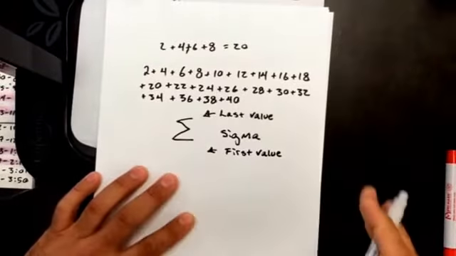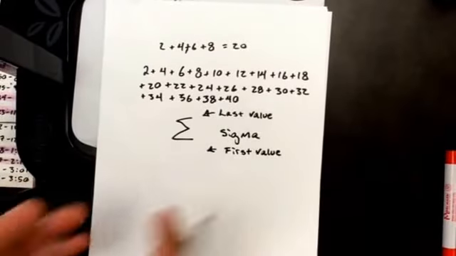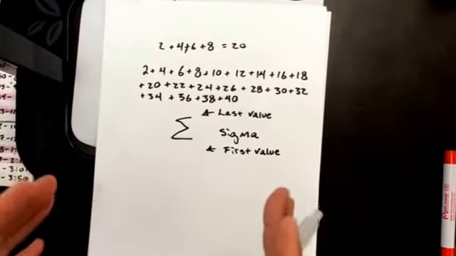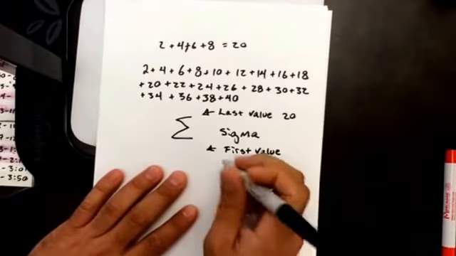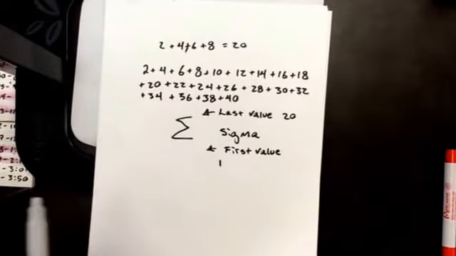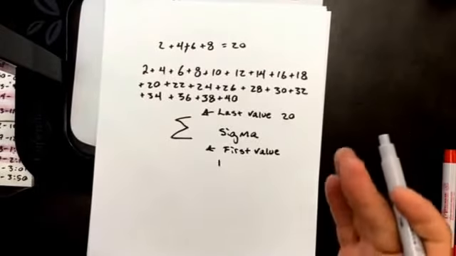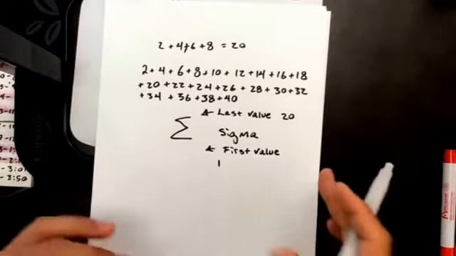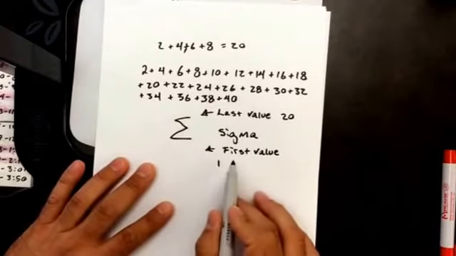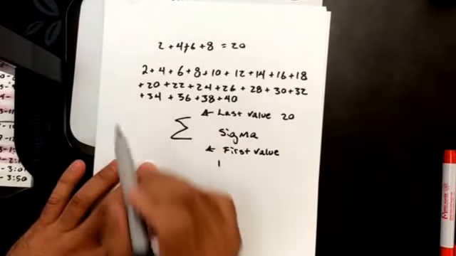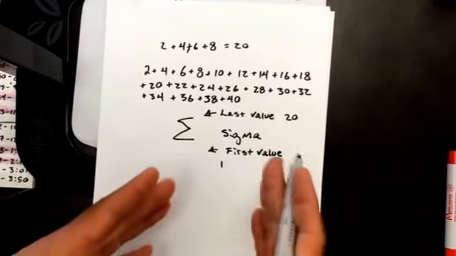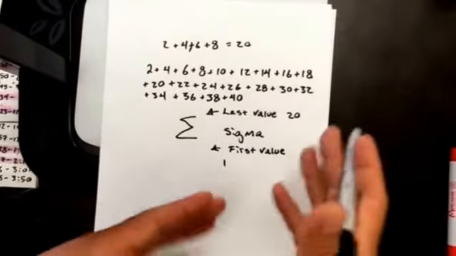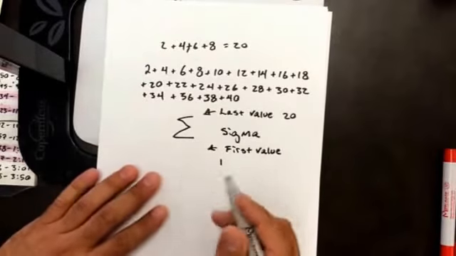Not in the series, but the last value that you would want here would be 20, and the first value that you would want here is 1. So we're going from numbers 1 to 20 in this series. So the last value and the first value are not 40 and 2. It's the first value, meaning what am I going to plug into my rule that I'm going to write, and what's the last value that I would plug into the rule that I'm going to write.